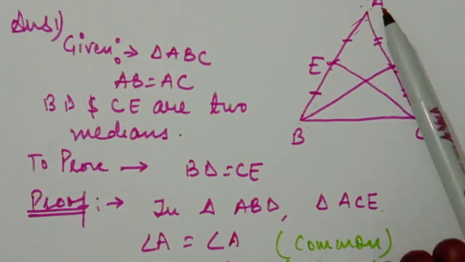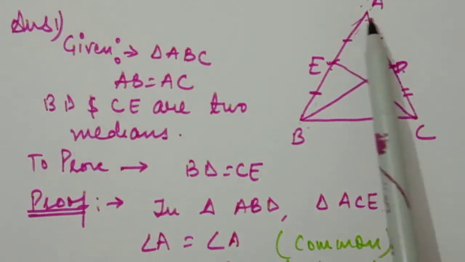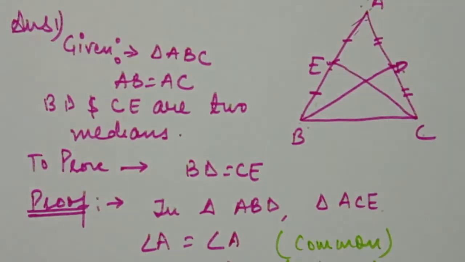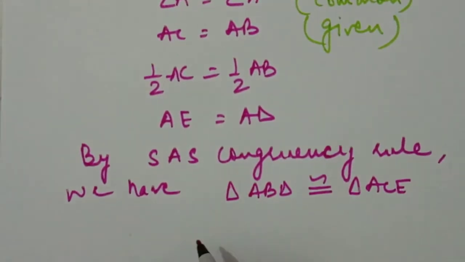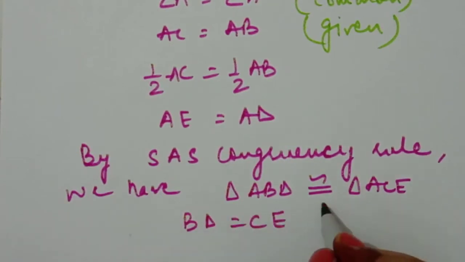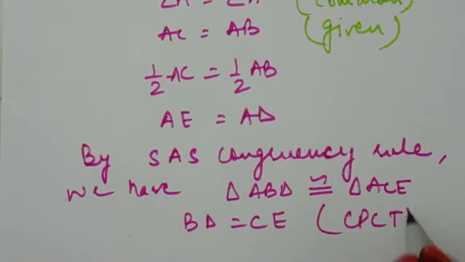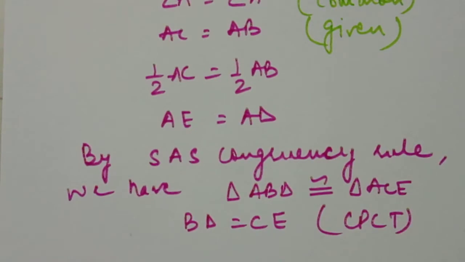In triangle ACE, I choose AC, angle A and AE. Correct? So by SAS, both the triangles are congruent to each other, and then by CPCT we can say that BD is equal to CE. This is your first question.